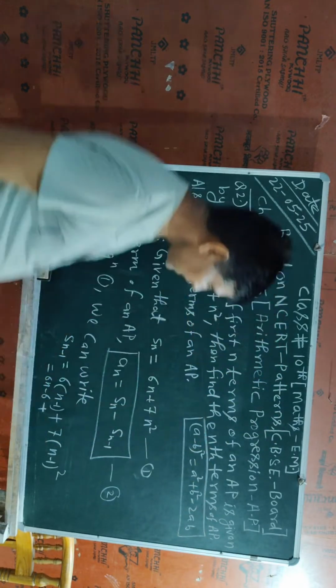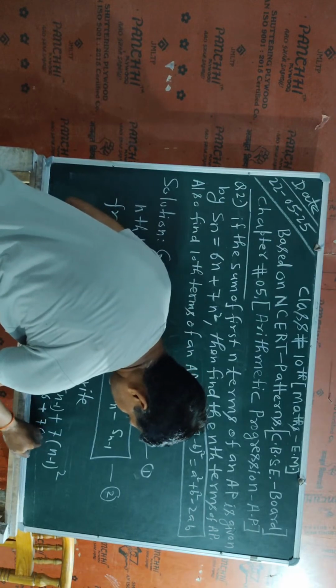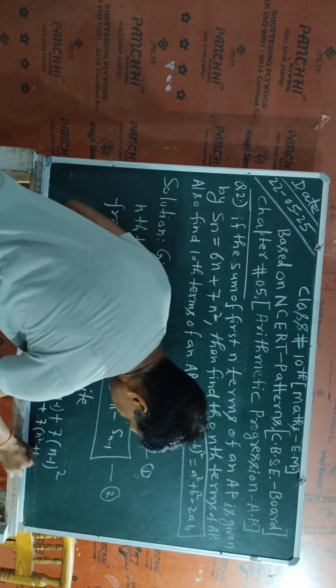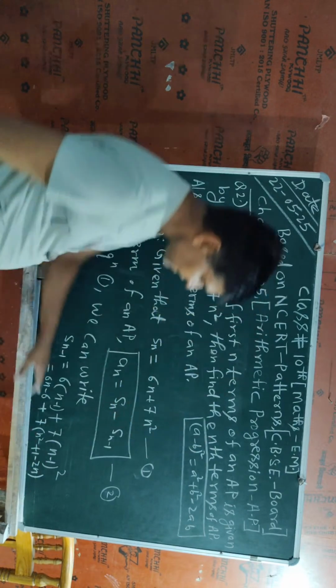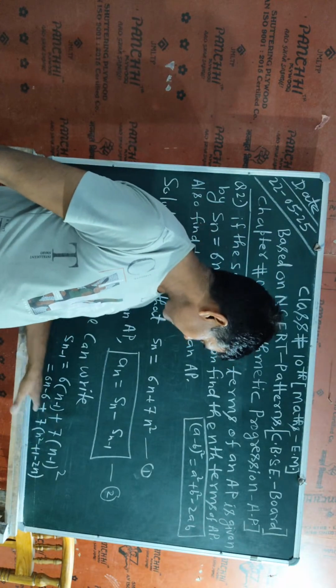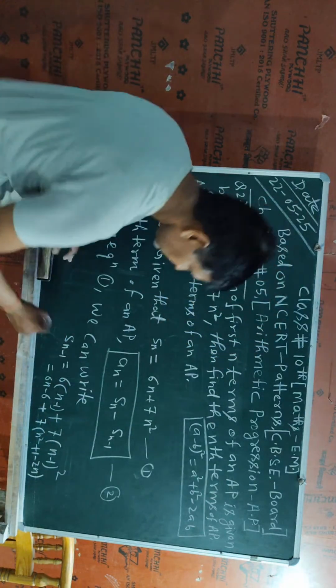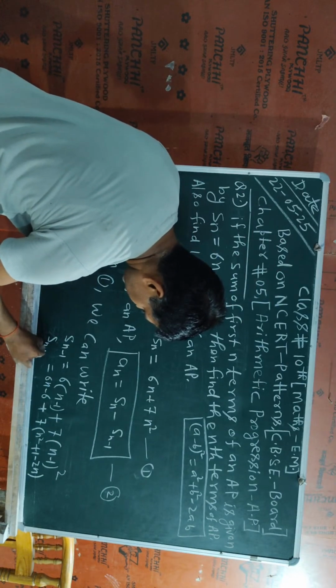So here I will write 7 in the bracket n square plus 1 minus 2n. Okay student, further I will multiply each term with 7. After multiplying and simplifying, I will get the value of S_(n-1).